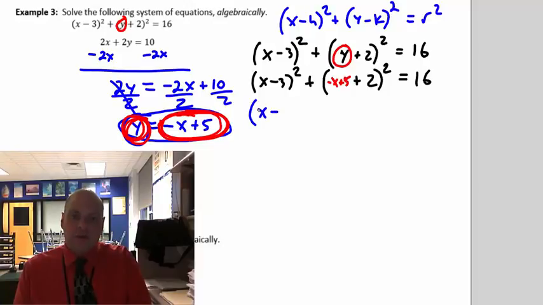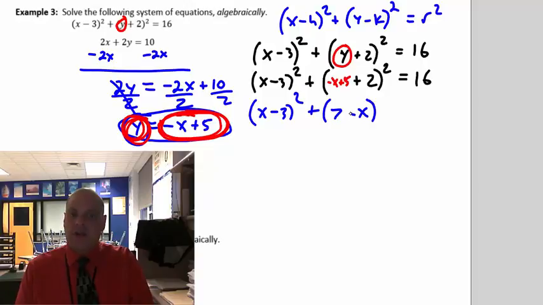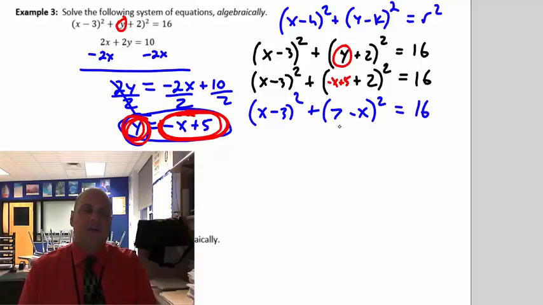So this is x minus 3 squared plus, now this is going to be 7 minus x. You could put negative x plus 7. It's the same thing. I just like writing it that way. So it's 7 minus x. And now I'm going to solve.